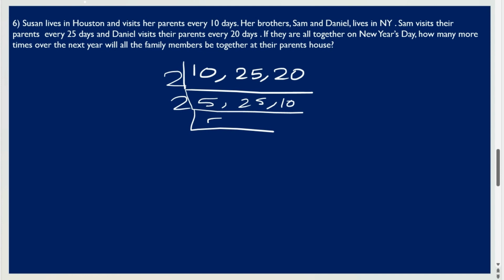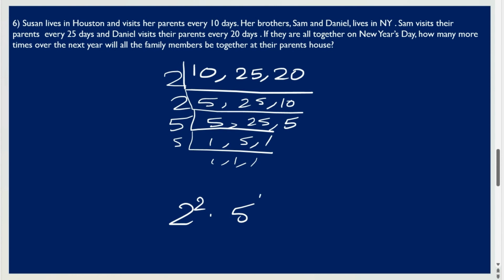Another 2, 25, and 5. 5, 1. Okay, so now we got it. 2 squared times 5 squared. That's going to be 4 times 25, and that's going to be 100. So the LCM is just going to be 100.